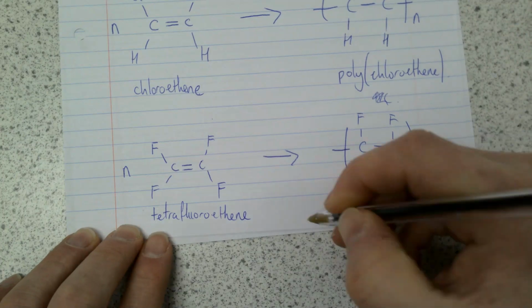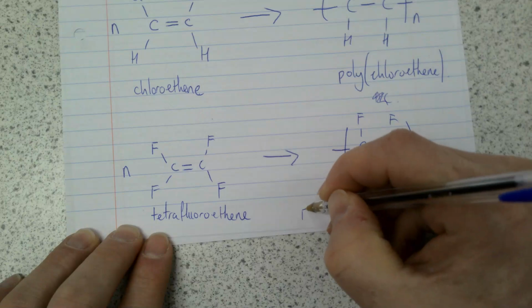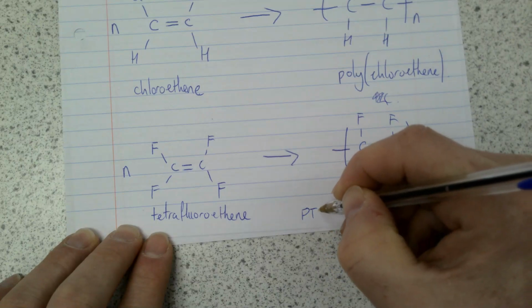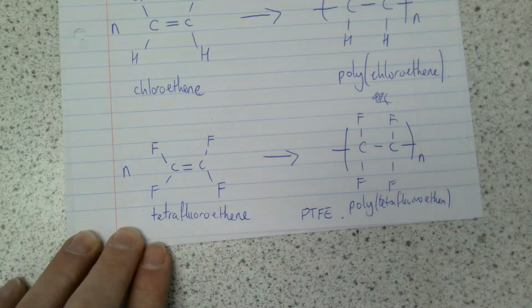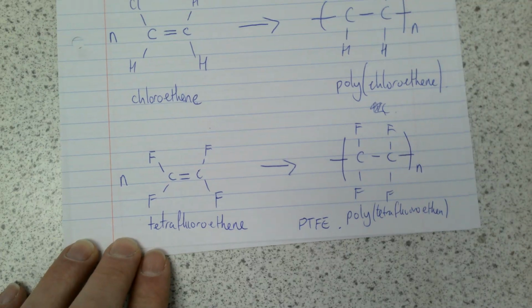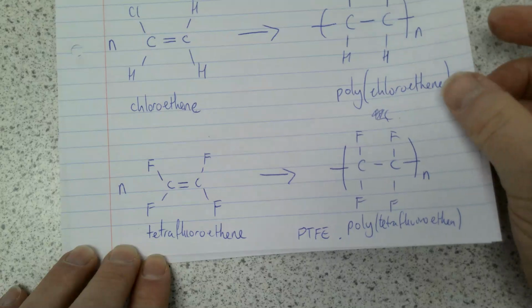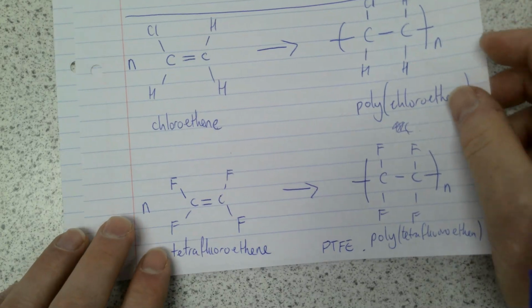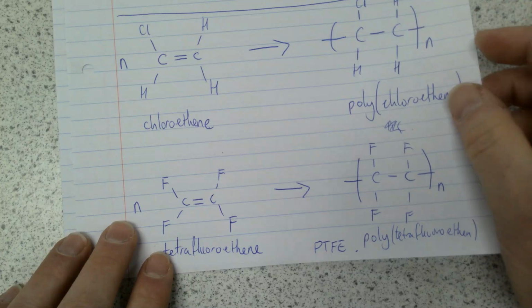Polytetrafluoroethene, otherwise known as PTFE. So anyone who's used plumber's tape, PTFE tape, now you know what it is. Anyone that's ever used a frying pan that's got Teflon in it, that's what that stuff is. That's what Teflon looks like, right? So Teflon makes lots of saucepans non-stick. Right, it's good stuff. Yeah. You've got to put the brackets around it.